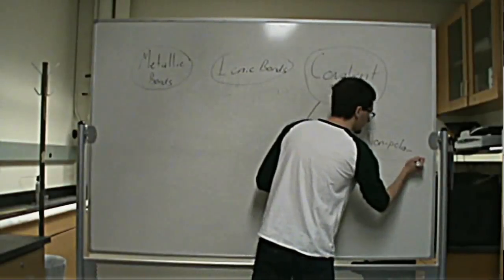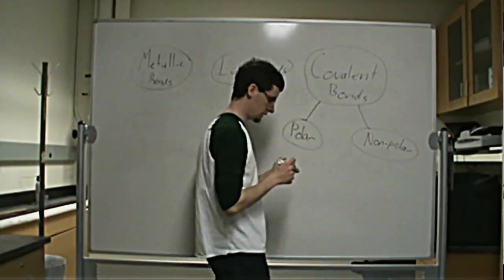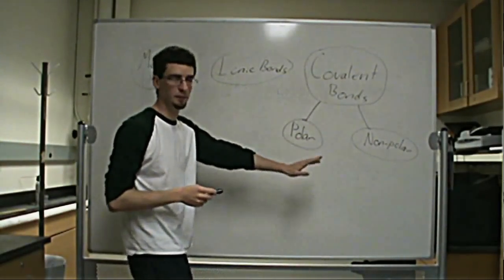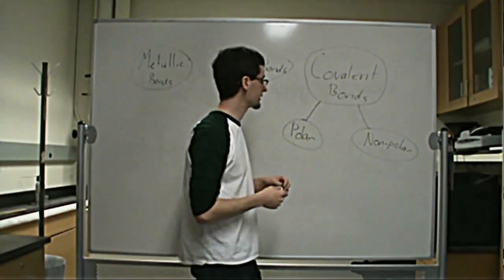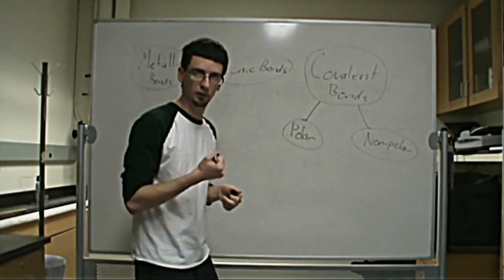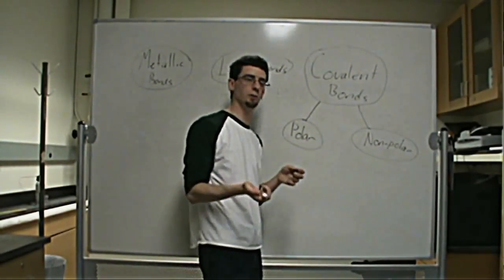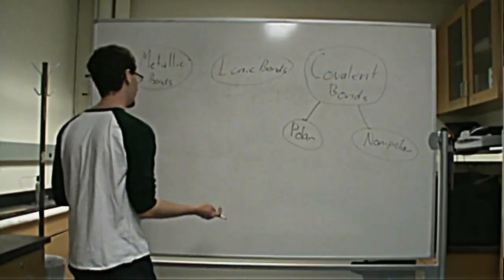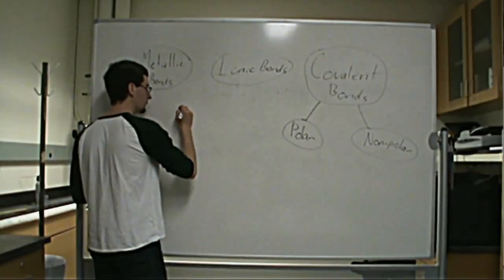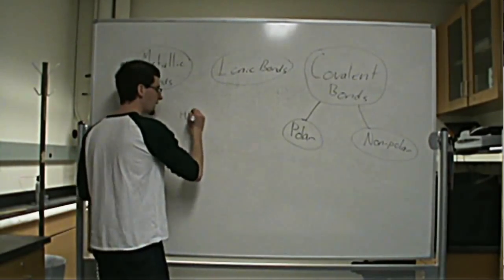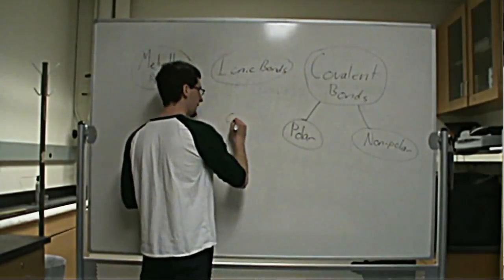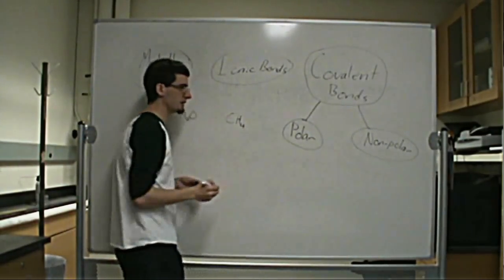We can determine from this there's another subset of interactions, but what type of molecules are polar and what type are nonpolar? Well, we covered this in a previous YouTube video, but just for quick clarity, something along the lines of H2O is polar, whereas something like methane is nonpolar.